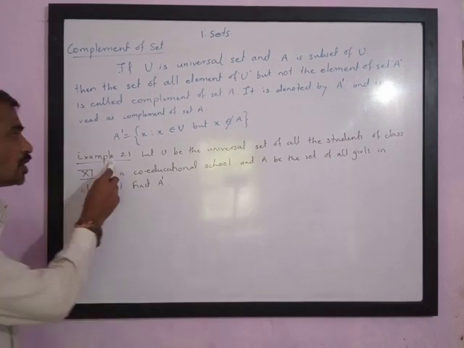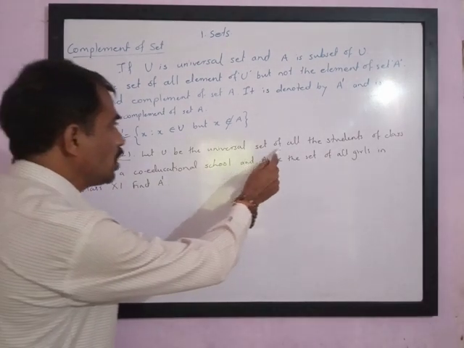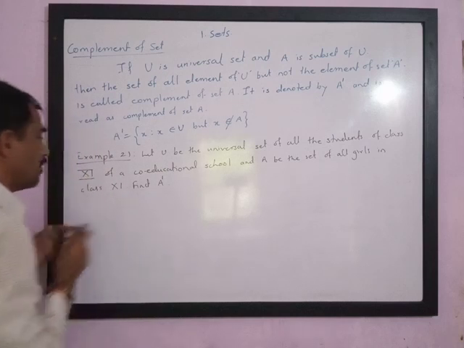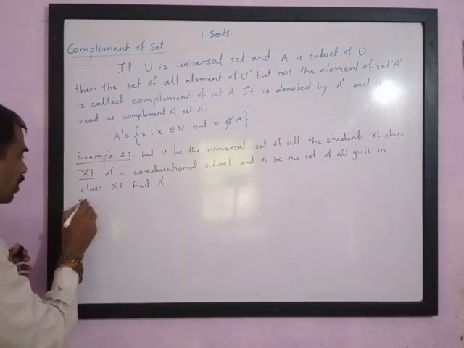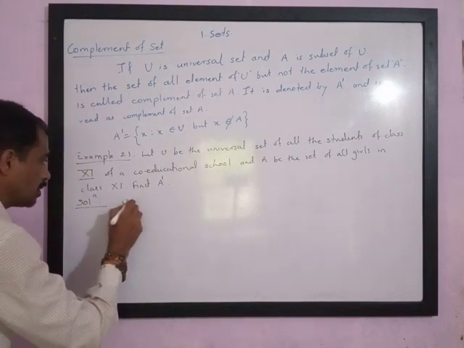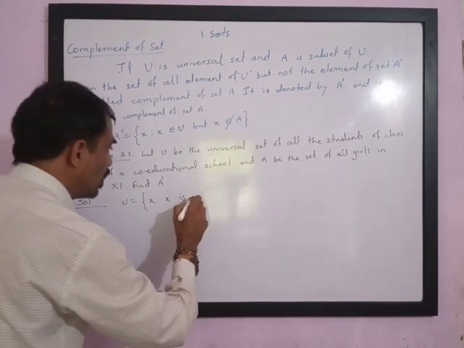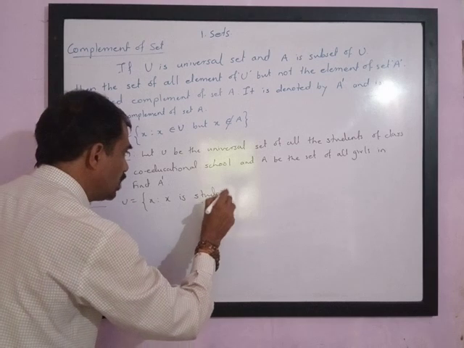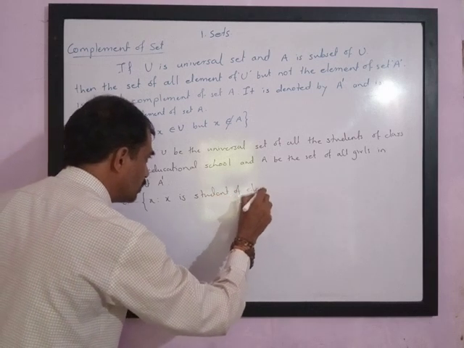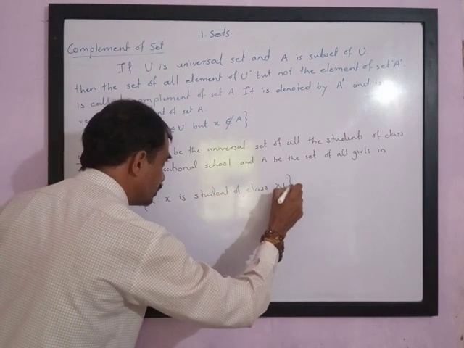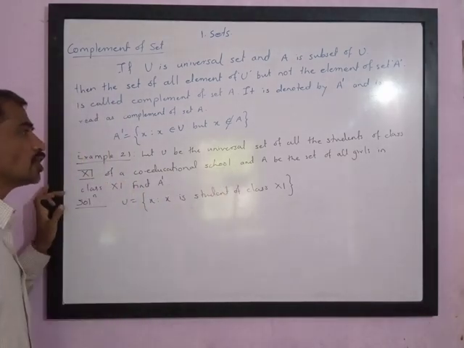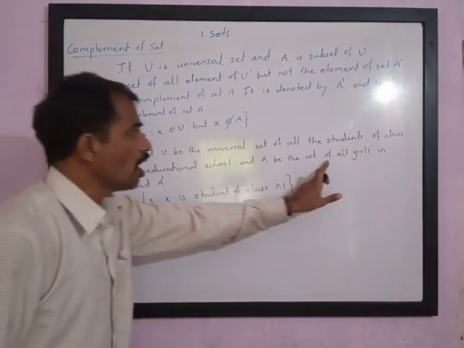Now the 21st question is, let U be the universal set of all the students of class 11. It means it is the set of X such that X is a student of class 11 of a co-educational school. Now A is the set of all the girls.